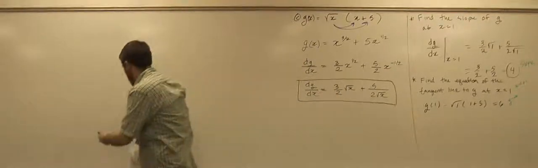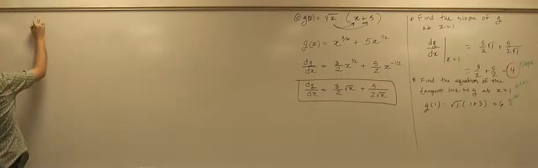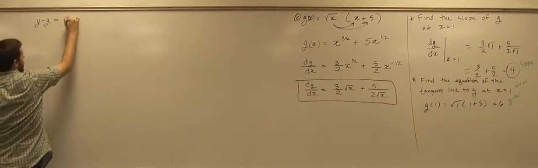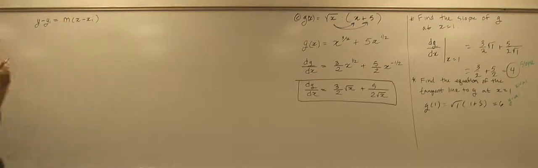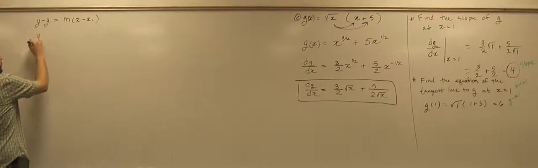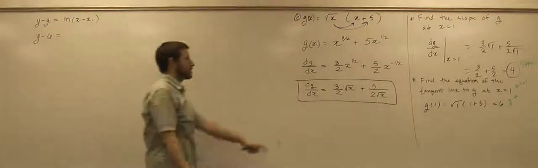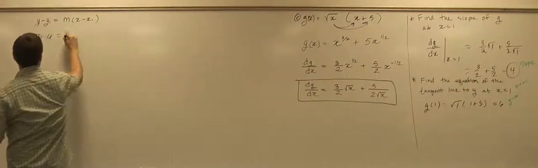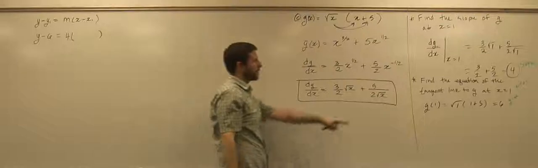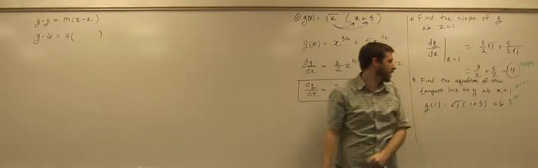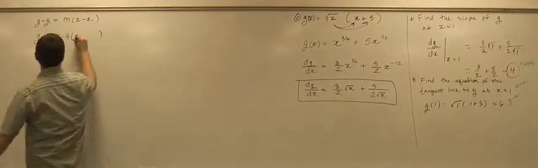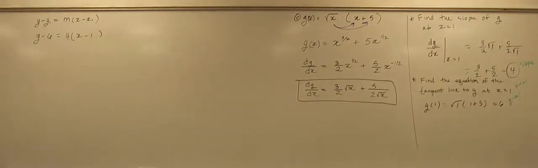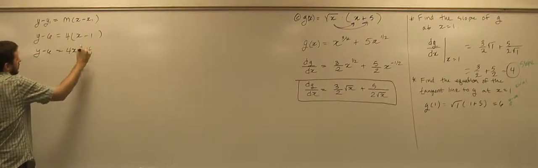To finish this problem off, I would have to do y minus y1 equals m times x minus x1. That's one way to get the equation of the line. I would plug in 6 for y1 because that was my y value. I plug in 4 for m because that was my slope. I got that from the derivative. And then I plug in 1 for x1 because that was my x value. Make it look pretty.